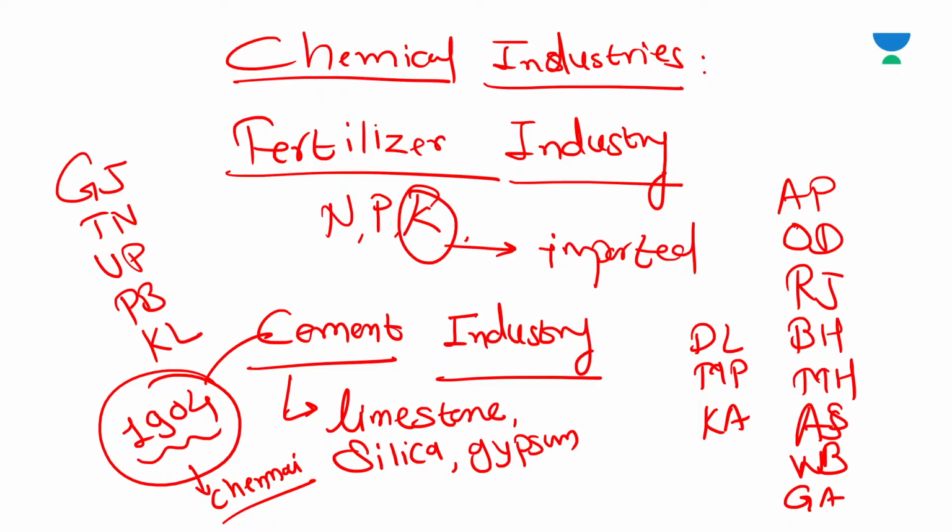So basically, the cement industry is doing well in terms of production as well as export. So the government and the stakeholders, the efforts are being made to generate adequate domestic demand and supply in order to sustain this industry.